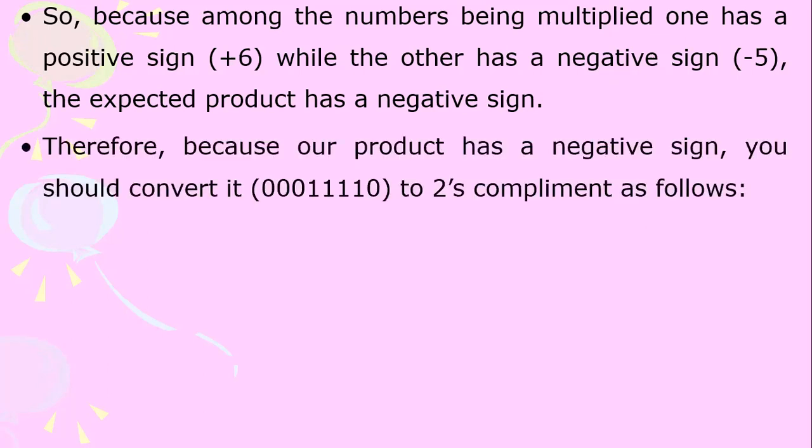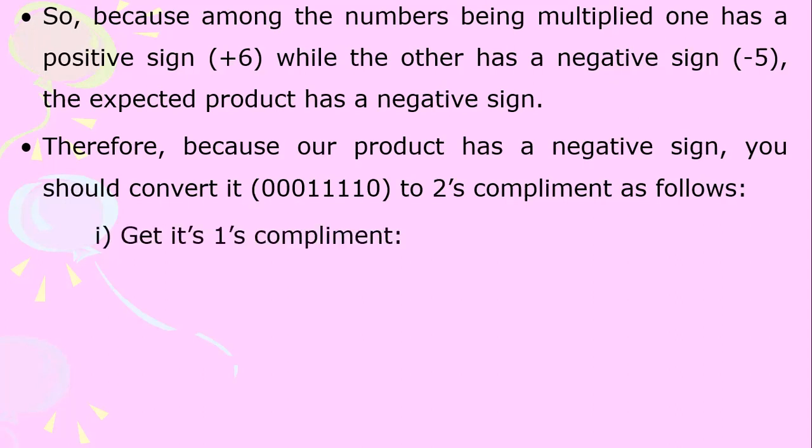Therefore, because our product has a negative sign, you should convert it to 2's complement as follows. When you look at our result, we have gotten 0, 0, 0, 1, 1, 1, 1, 0. So we need to convert that to its 2's complement.